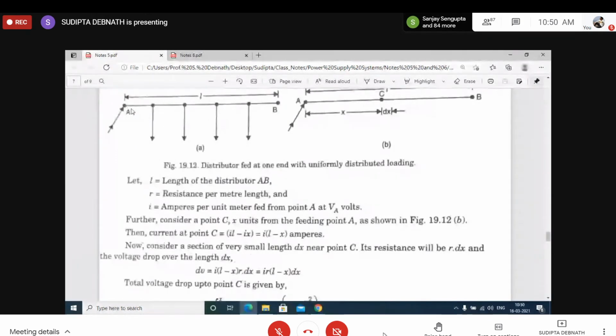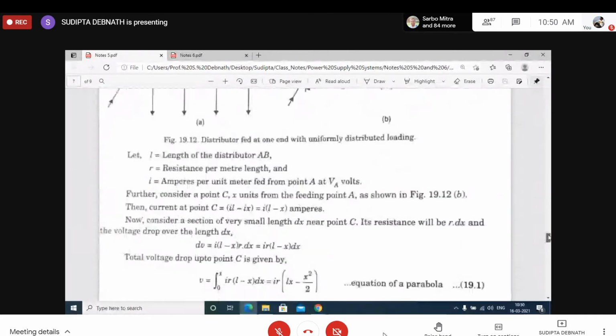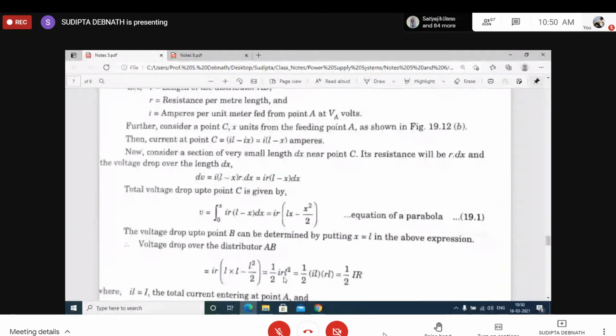It will be r into L. So we can write the total voltage drop as half iRL square, small i, small r, because the small letters indicate per unit length. That will be equal to capital I into capital R. Capital R is the total resistance of the distributor, and this iL is actually the total loading of the distributor.